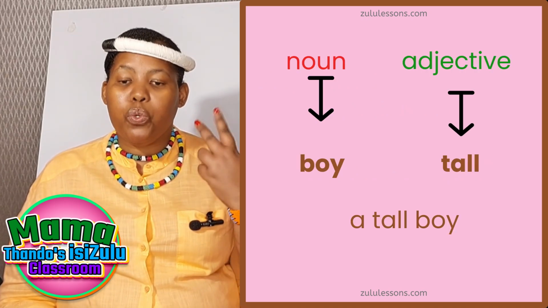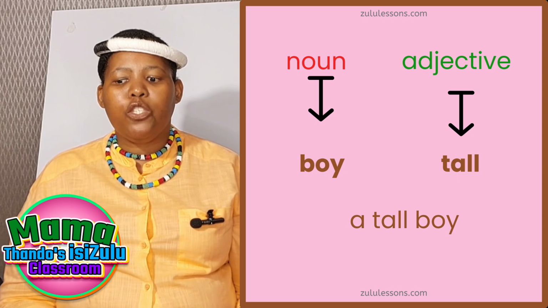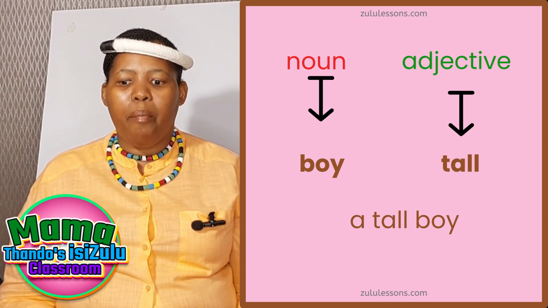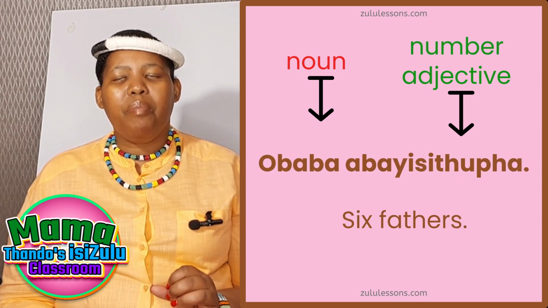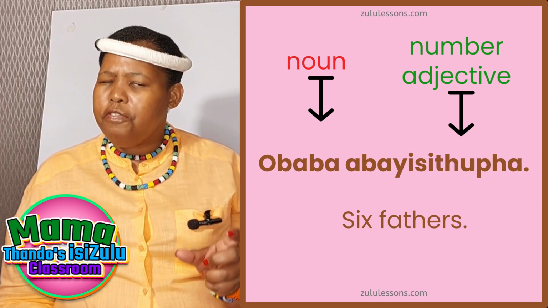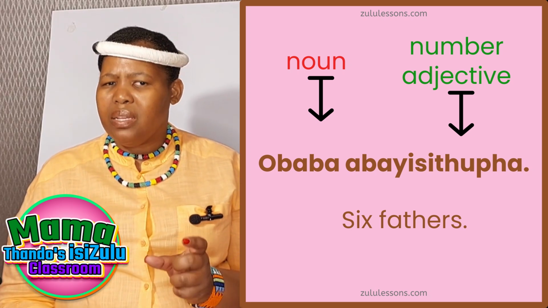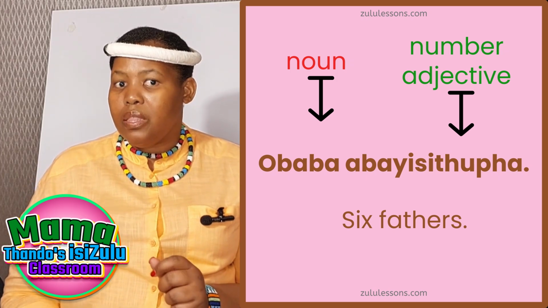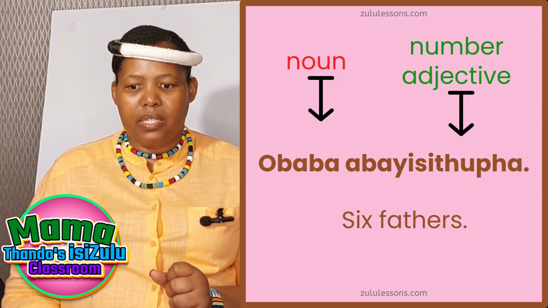You will see two words. The first will be the noun followed by the number. The number you will see will be the full number isithupha, but before it there will be a prefix.